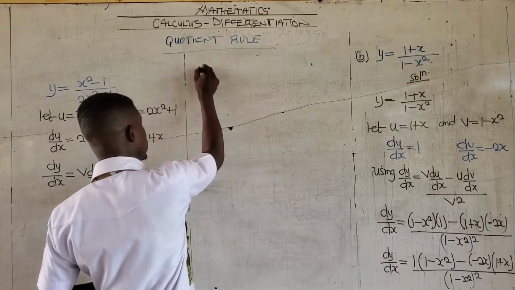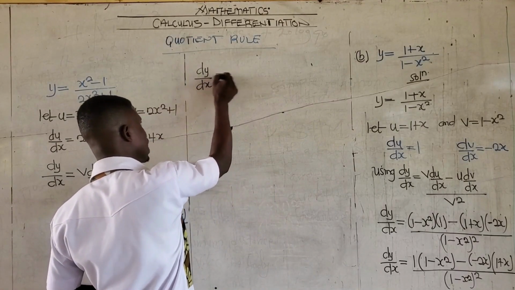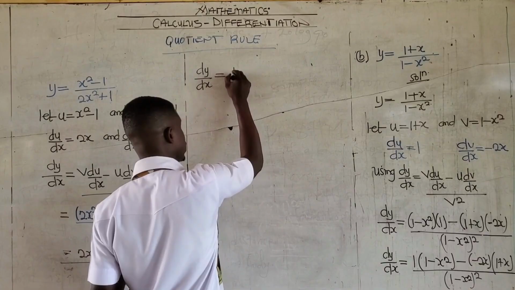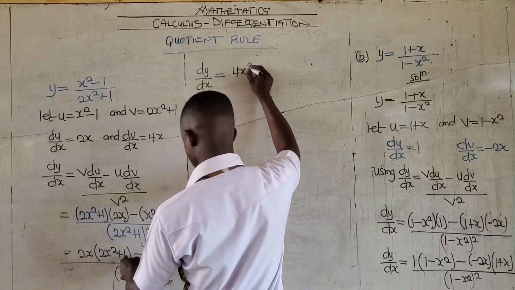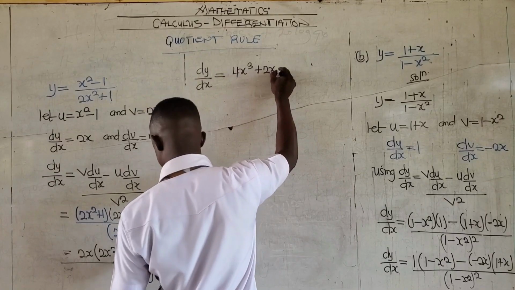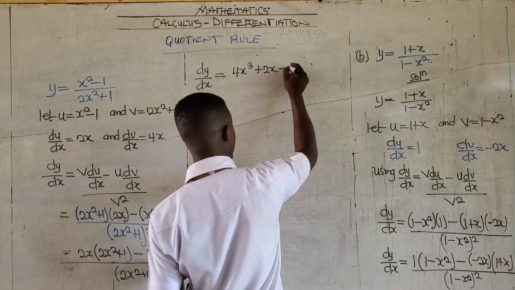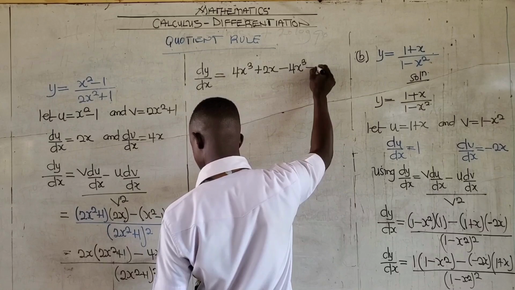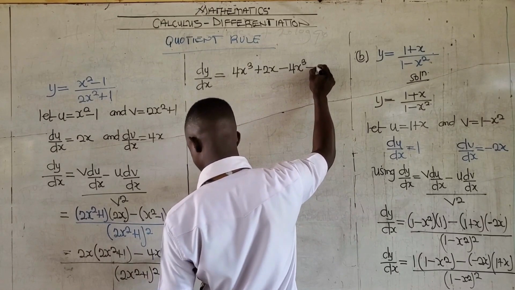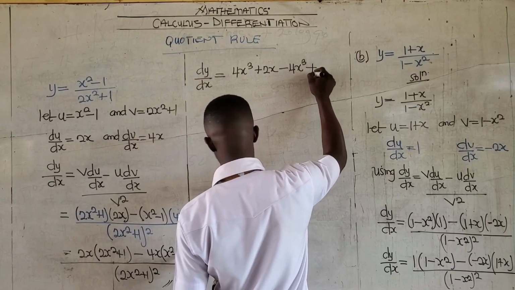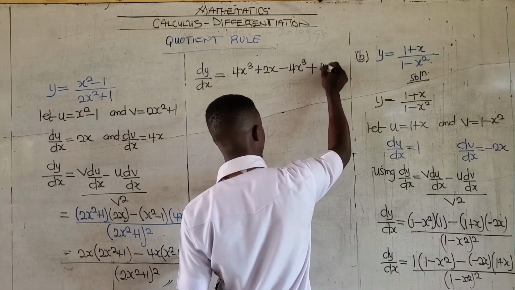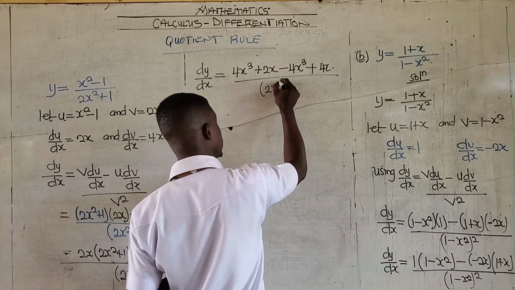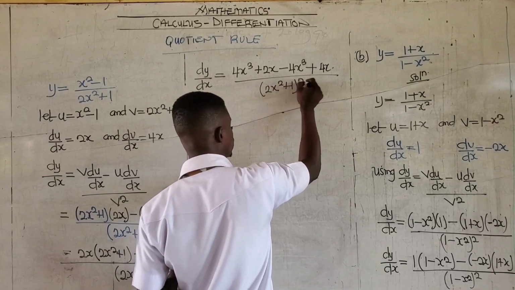So in effect, we have dy over dx equal to 2x times 2x squared, which gives us 4x to the power 3, plus 2x, minus 4x times x squared is 4x cubed, minus 4x times negative 1 will give us plus 4x, all over denominator 2x to the power 2 plus 1 all squared.